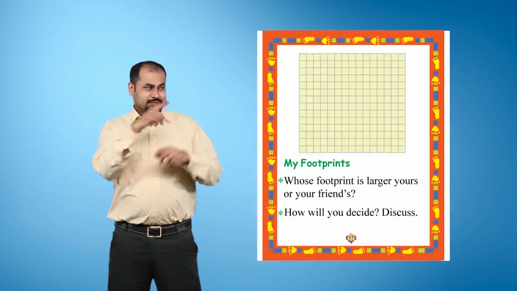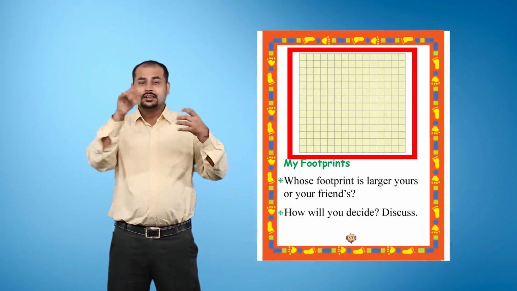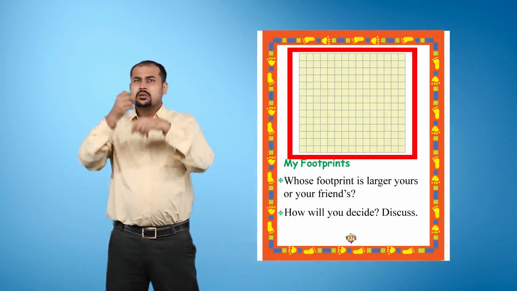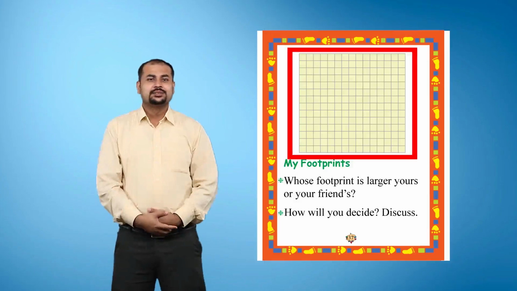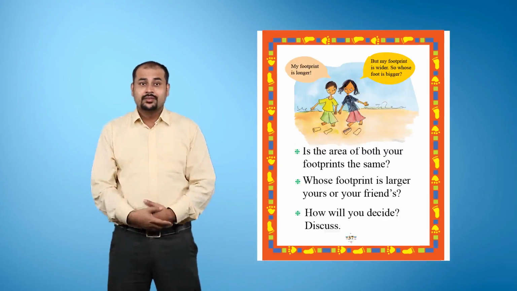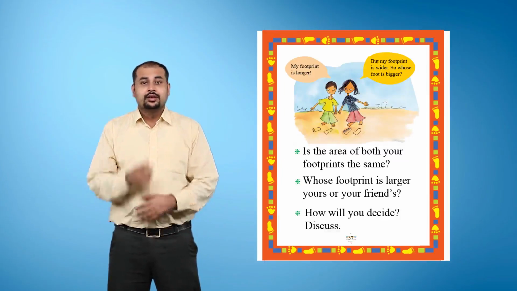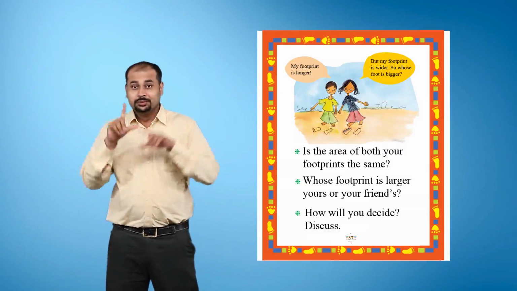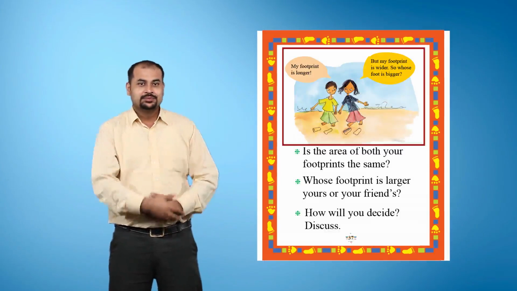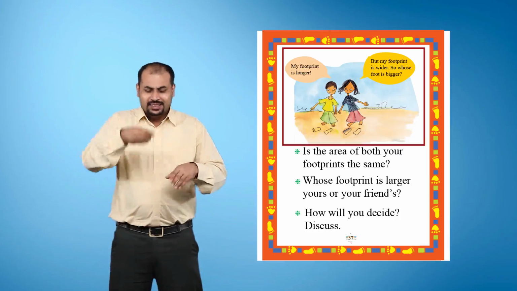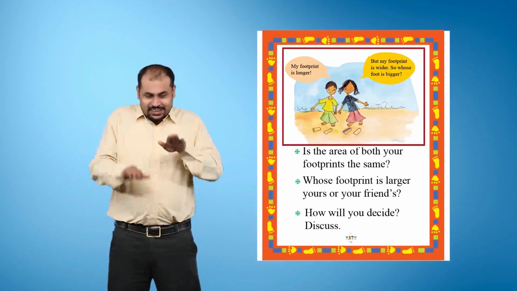On top of this page we have a grid structure made by many squares. Below this there is a picture. A boy and a girl are making their footprints on the sand below.